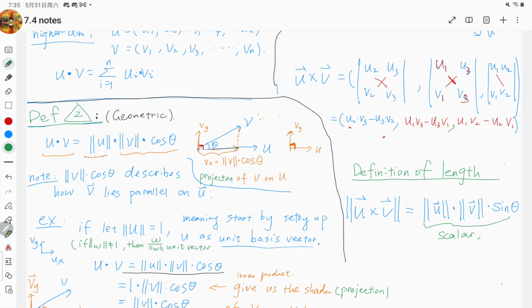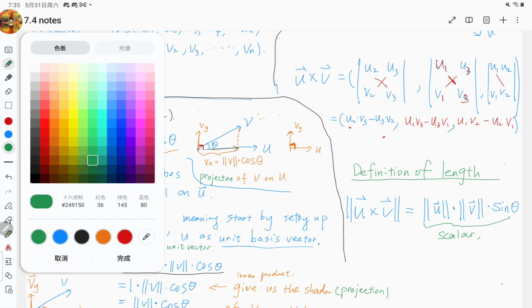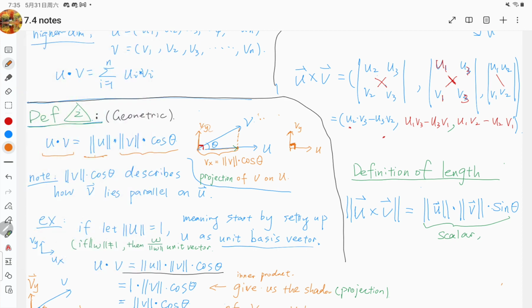And then the vertical direction, vy. We can always decompose in this way. The vx and vy are the two decomposition vectors in terms of the coordinate system, right?